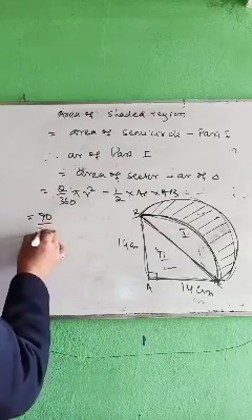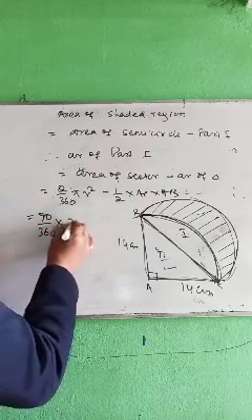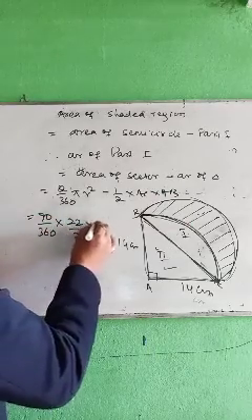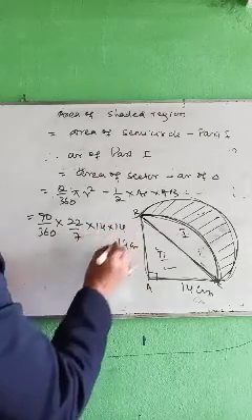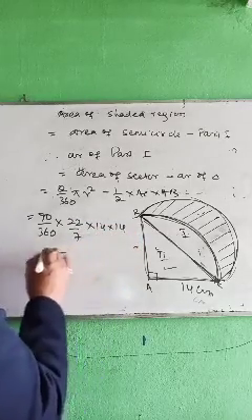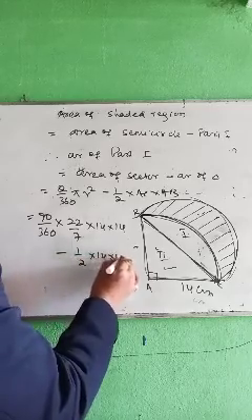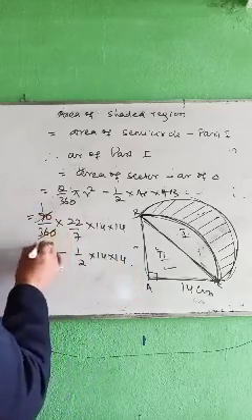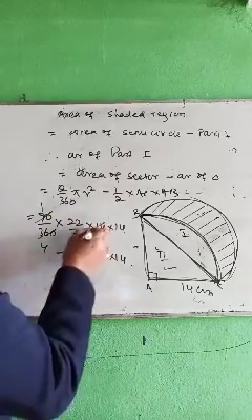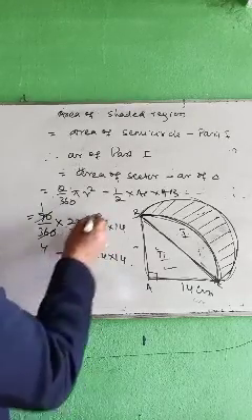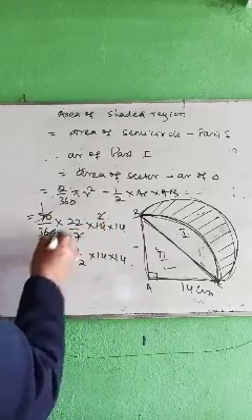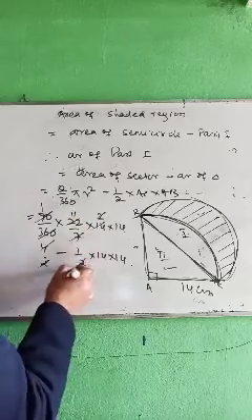90 by 360, 22 by 7, 14 into 14, minus half into 14 into 14. You can cancel: 14 by 7 is 2, 2 2s are 4, 11 into 2 into 7.